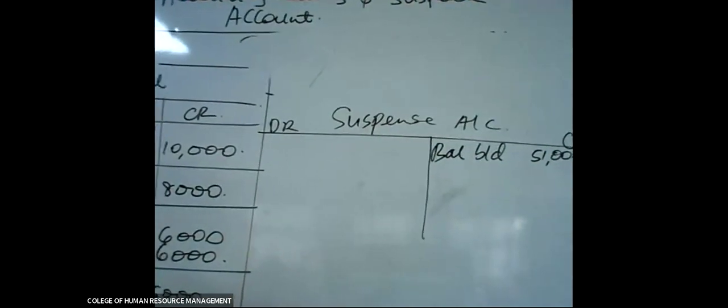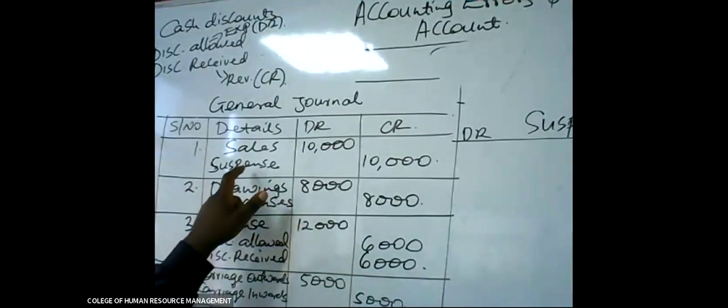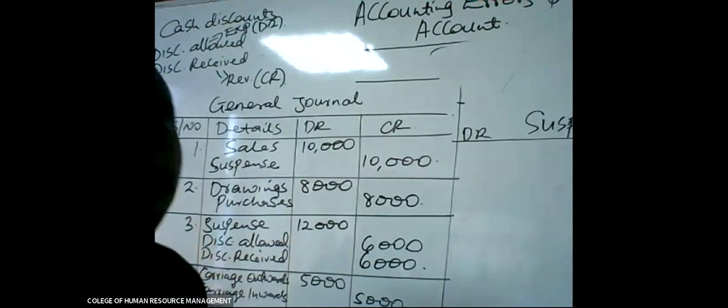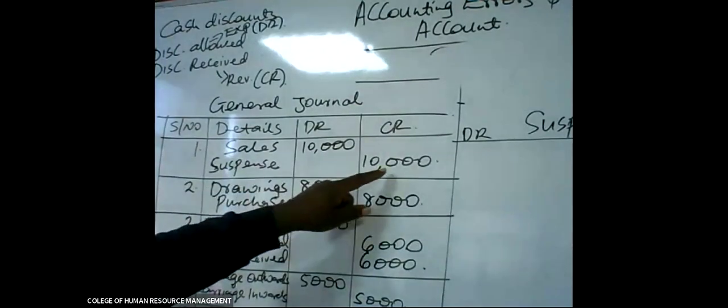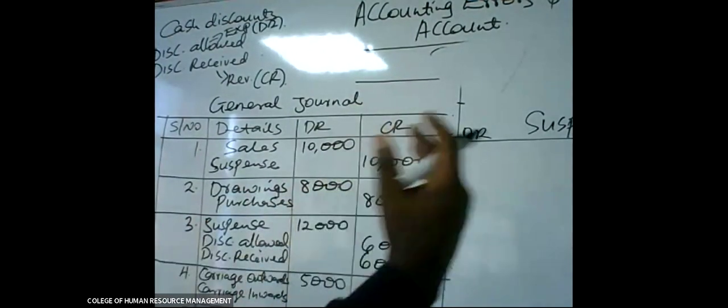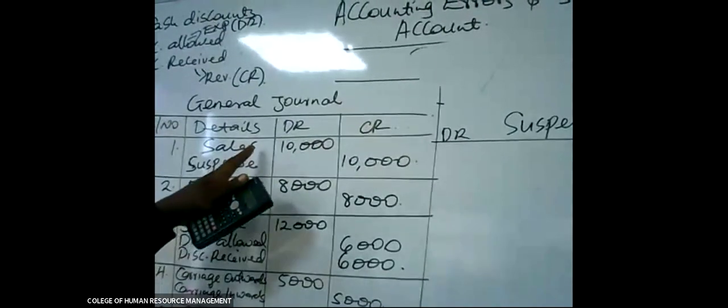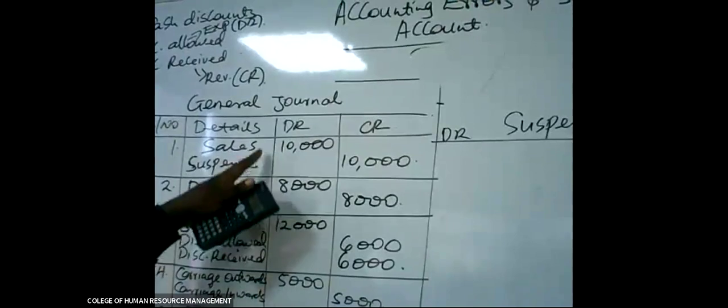Then you go to the general journal and pick any figure that is touching on the suspense account, where we have recorded the suspense account. Like here, the suspense account has been credited by 10,000. So on the credit side, we need to record the 10,000. The account that is affected by the same error is the sales.